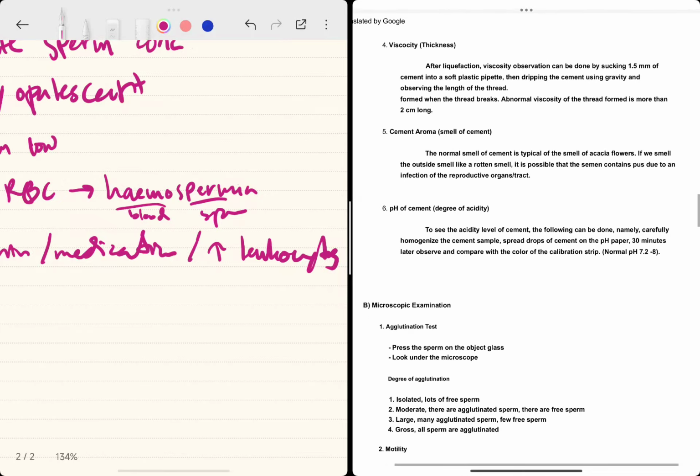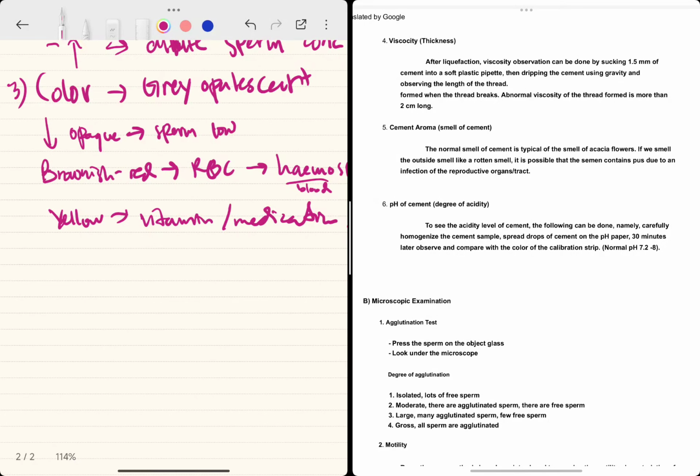Okay. And then viscosity. Viscosity is to see the thickness. You use a pipette and drop one drop, and it forms some kind of string, and you need to measure that.